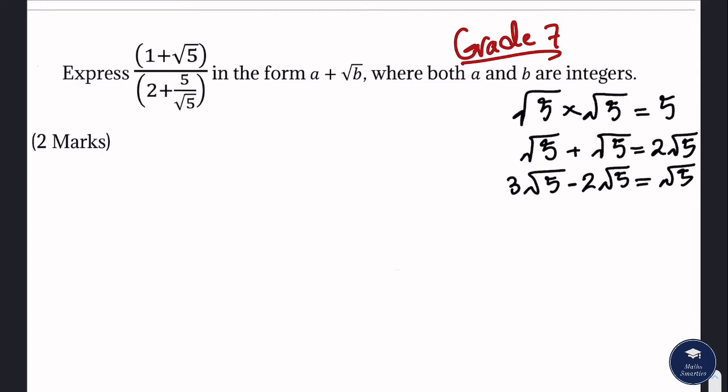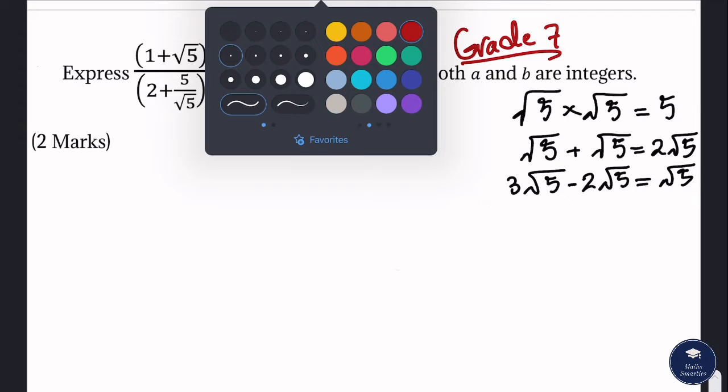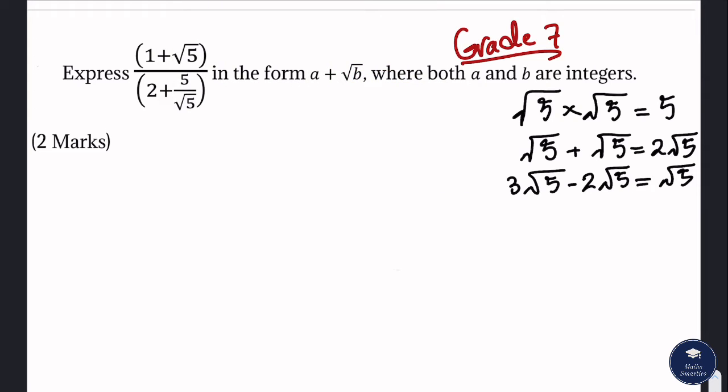Now, let's begin. So, 1 plus square root 5 over 2 plus 5 over square root 5. Now, multiply by 2 minus 5 over square root 5.